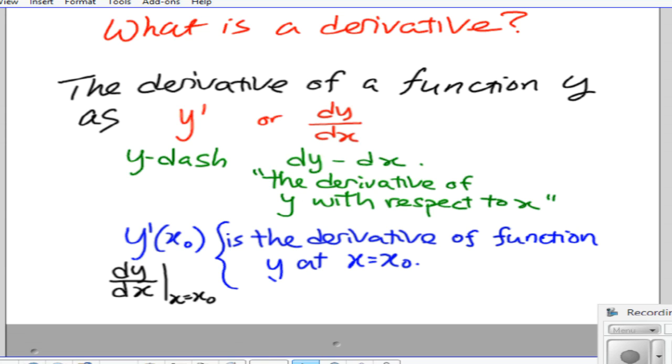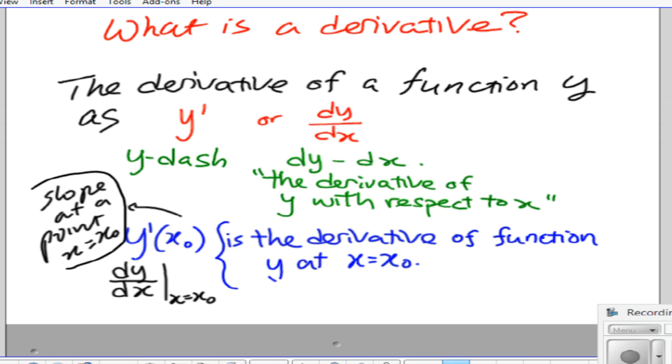Basically, colloquially, this is the slope. I usually think of this as the slope at a point x equal to x0. So this is what I think of when I see y dash of x0.